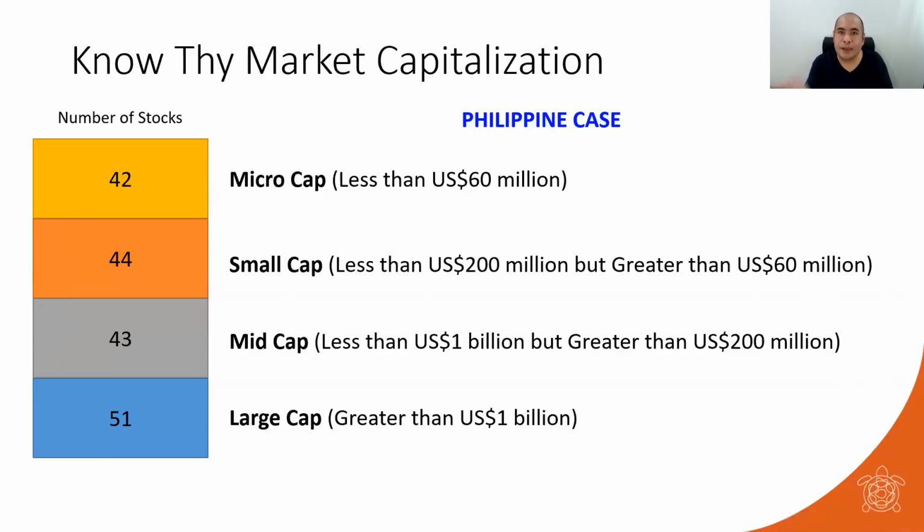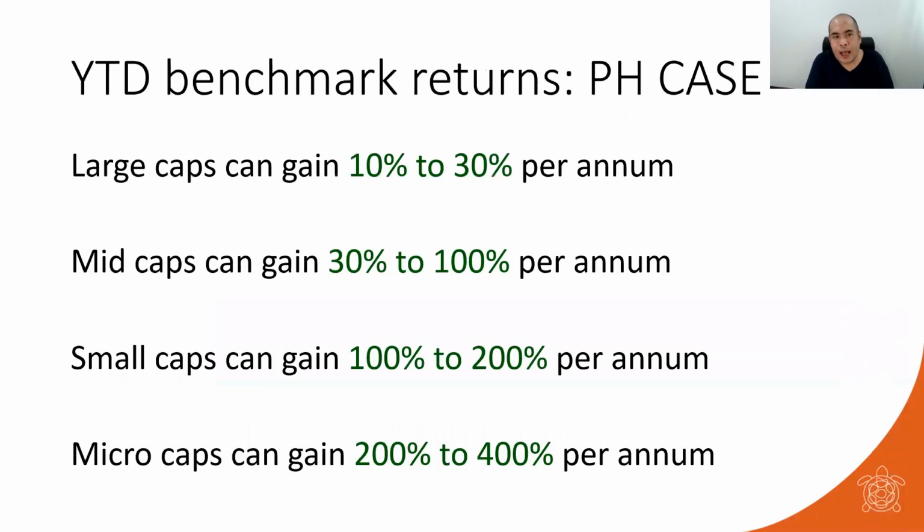These are companies with market cap less than $60 million. Small caps, less than 200 million but greater than $60 million. Mid caps are stocks that are less than 1 billion market cap but greater than 200 million. And then you have the large caps. These are stocks that are greater than 1 billion market capitalization.